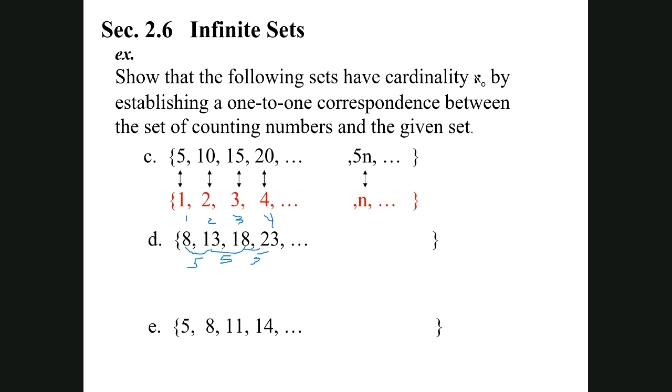So whatever number we keep adding to get to the next term, that's always going to be the number in front of n. So we have 5n.